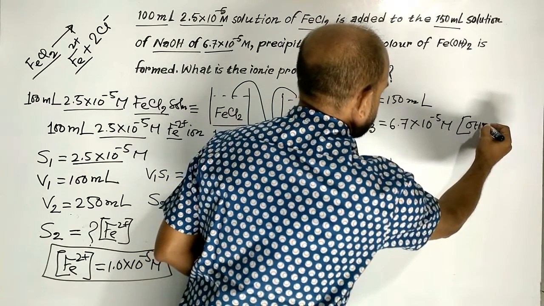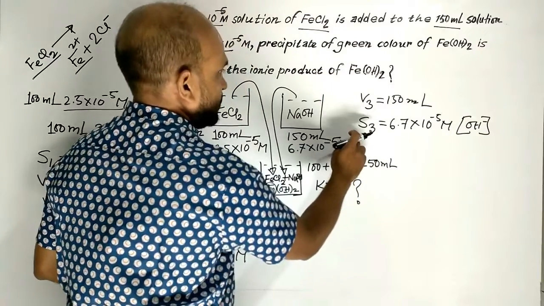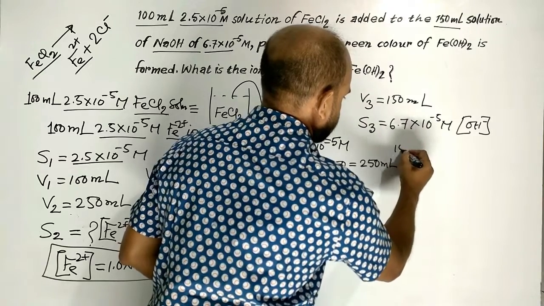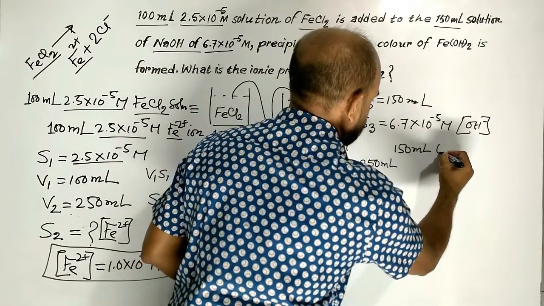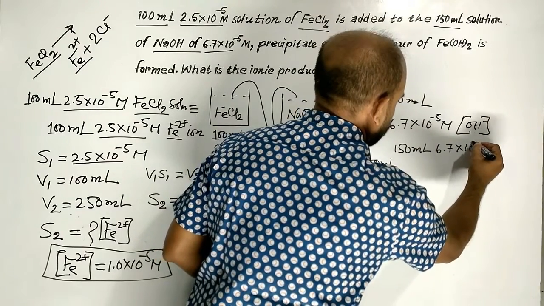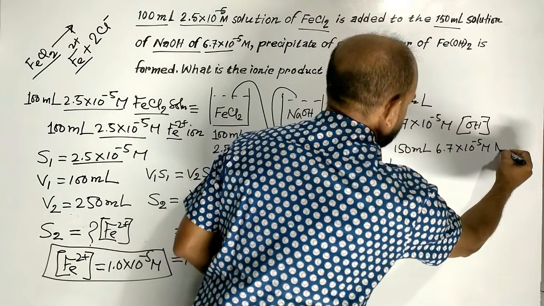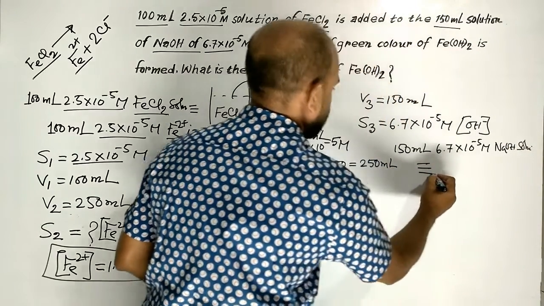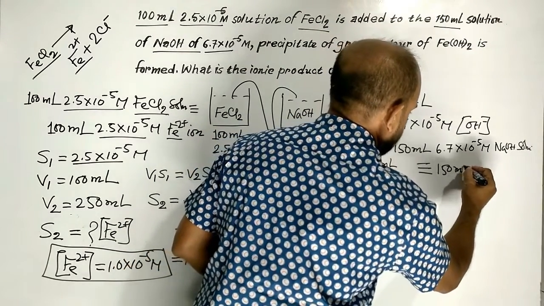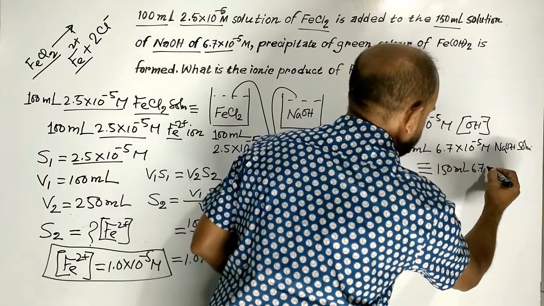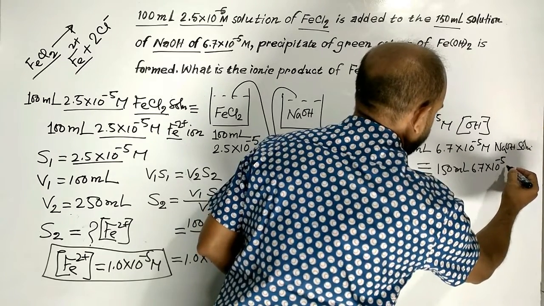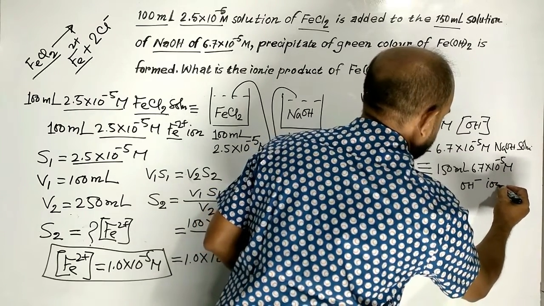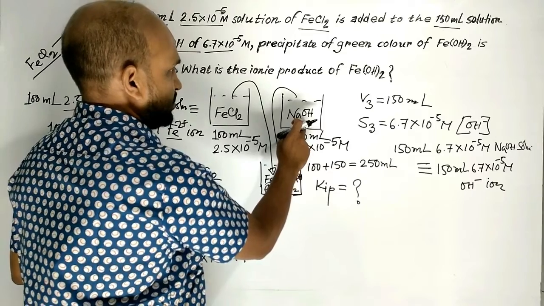This is concentration of hydroxide ion before mixing, because 150 milliliter of 6.7 times 10 to the power minus 5 molar sodium hydroxide solution is equivalent to 150 milliliter of 6.7 times 10 to the power minus 5 molar hydroxide ion in the beaker before mixing.